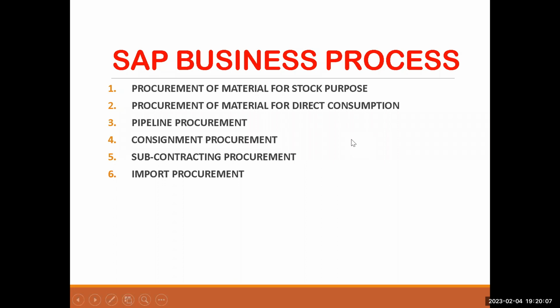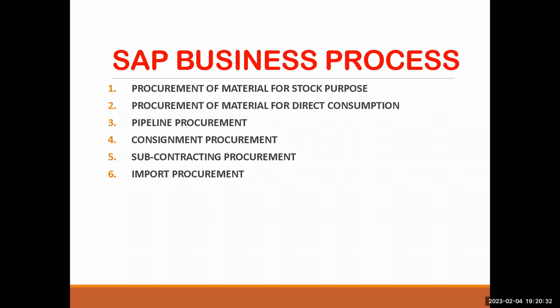Next one is import procurement. So what is import procurement? Let's say our company is in one country and our supplier is in another country, okay? In that case we call it import procurement. Let's say India imports some coal material from Australia, or from South Africa, or from Russia.